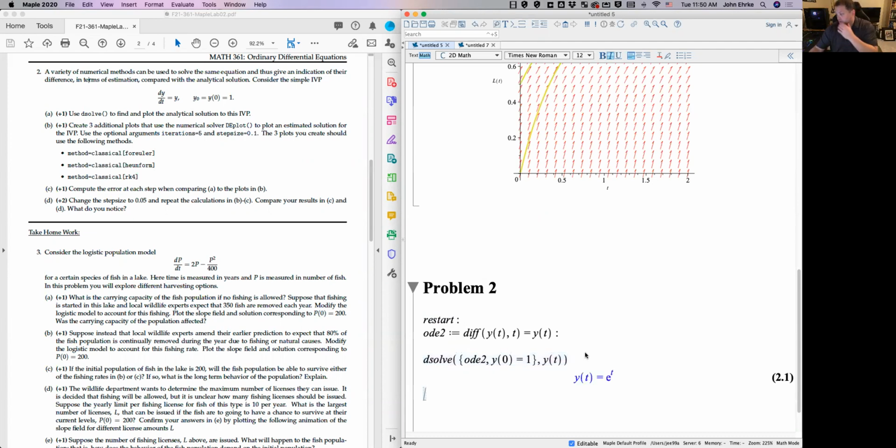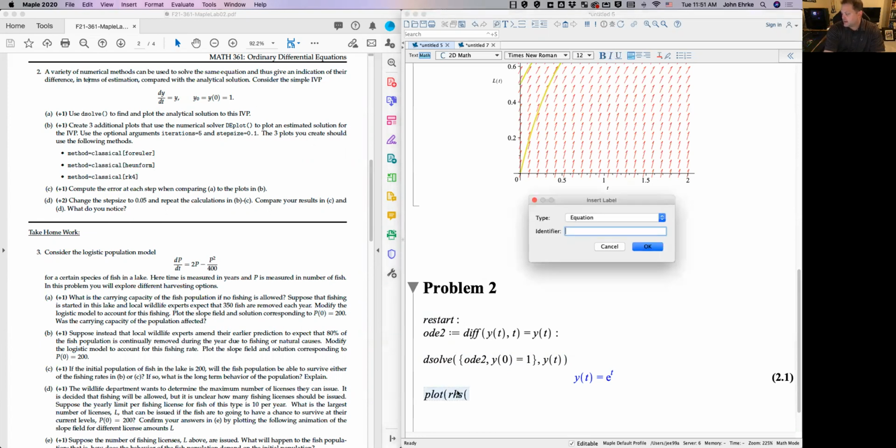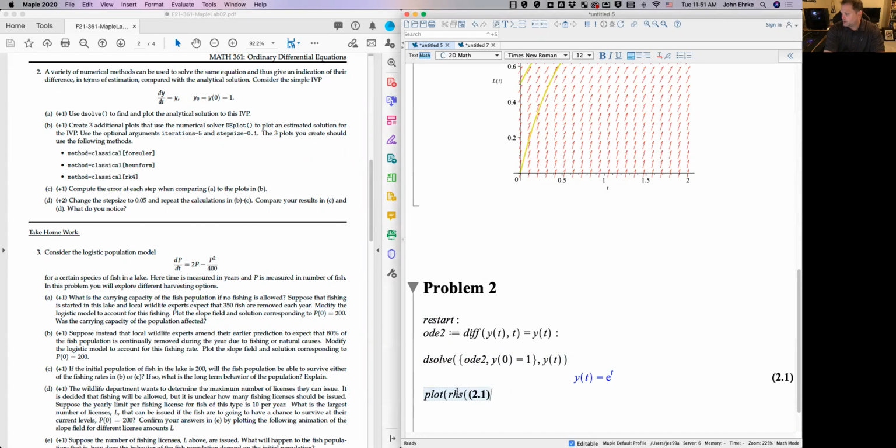The answer here is just e to the t, right? The derivative of y equal to y, that's from calculus, that's clearly just going to be e to the t. So I'm going to use dsolve and plot the analytical solution. So there's the analytical solution. We just said plot right-hand side, Command L, 2.1, equation 2.1. And we're going to do this for some interval here. I'll do 0 to 0.5.